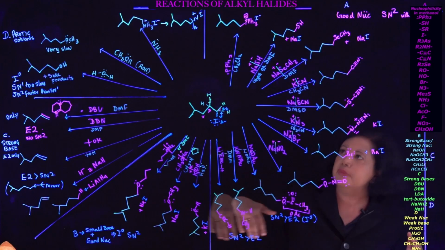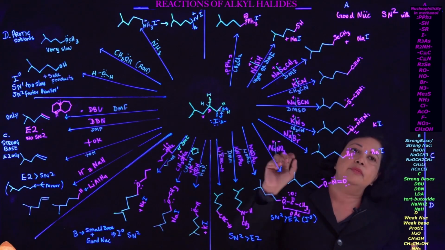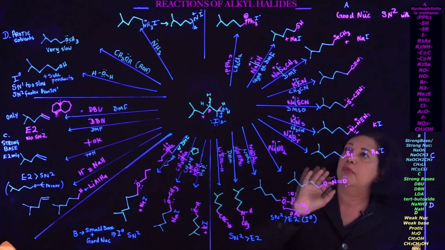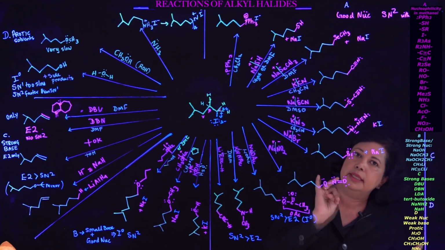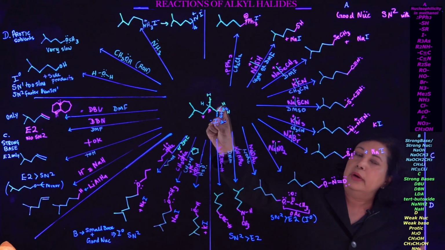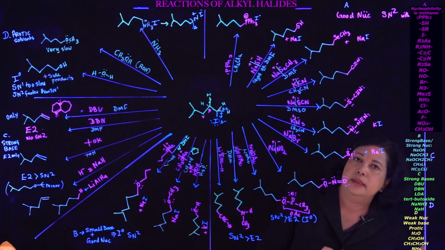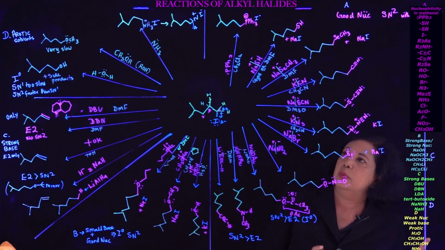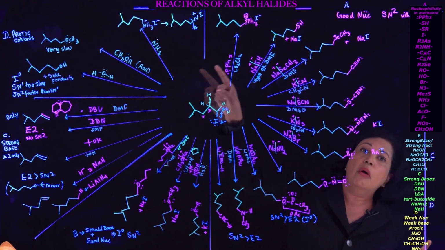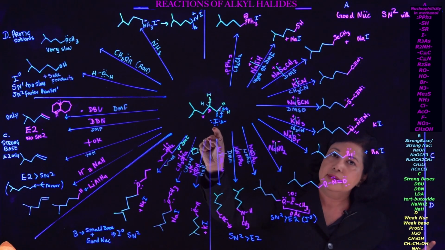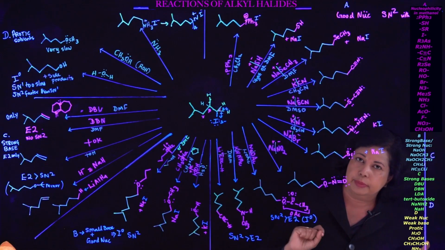Now, for all of this, leaving group ability would play the same role in the rate, because for SN1, SN2, E1, and E2, the bond breaking happens in the rate determining step. Therefore, the leaving group ability affects all of them. So having a good leaving group will increase the rate for all of the reactions. So lower the pKa, better the leaving group.